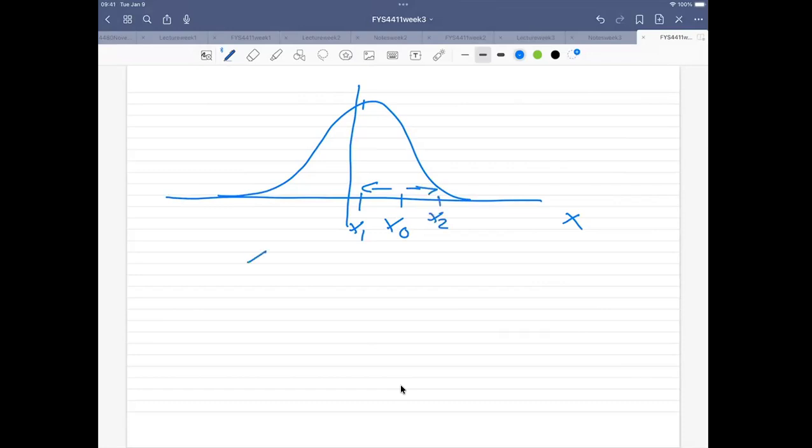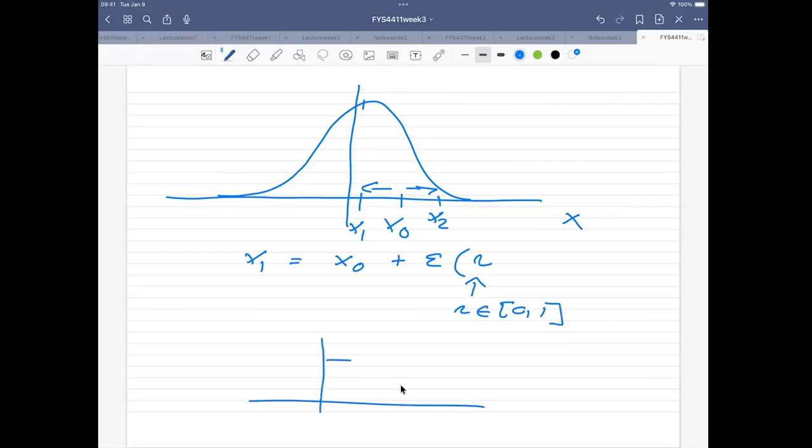These new positions, x1, would be given by x0 plus some parameter which we call epsilon, which is set by us, multiplied by a random number. This random number is selected between 0 and 1, and it's calculated using the uniform distribution. Just to remind you, the uniform distribution gives you uniformly distributed numbers between 0 and 1.